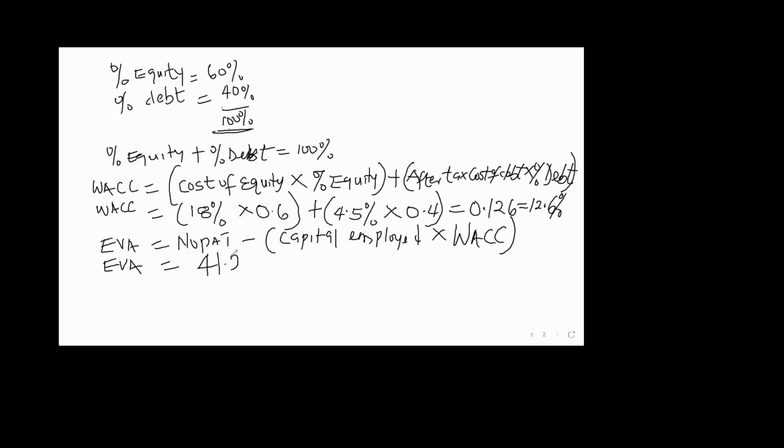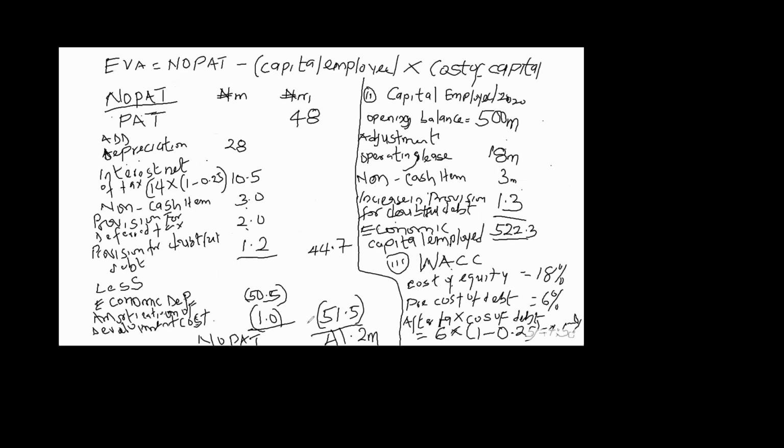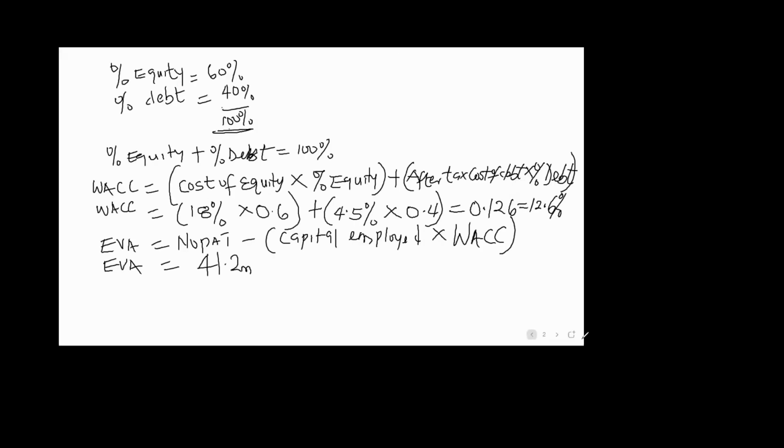41.2 million, Abby? Is that not? Okay, let's go back to it. Yes, let's check. 41.2. Then our capital employed. No, I will do it.